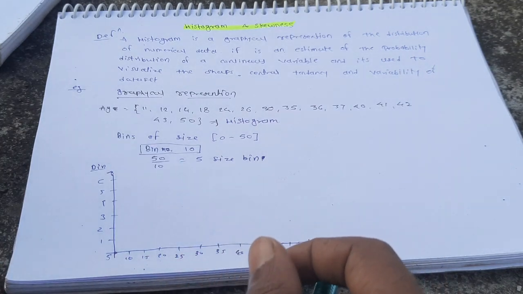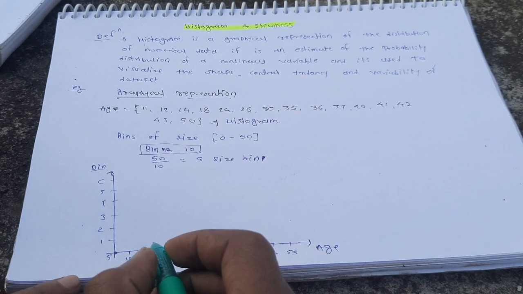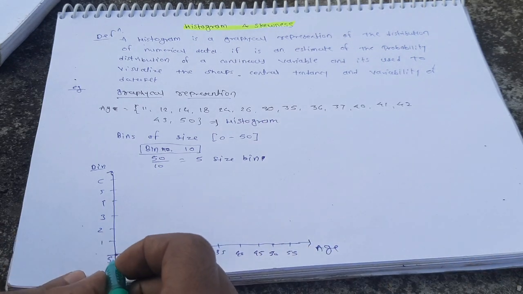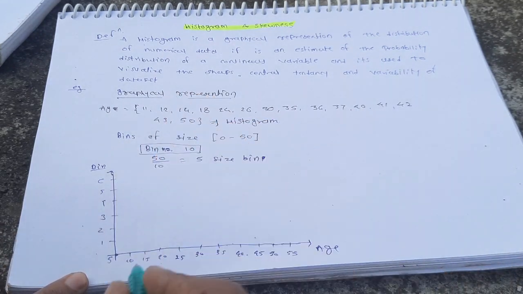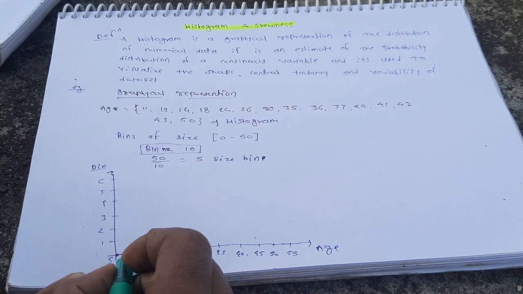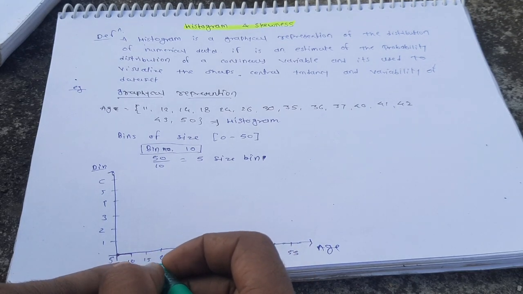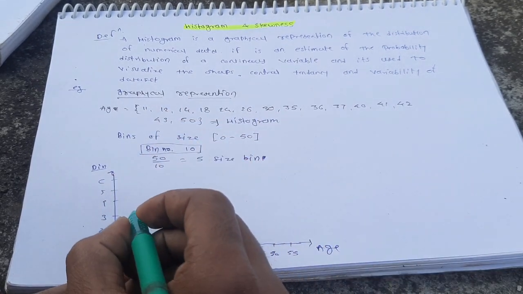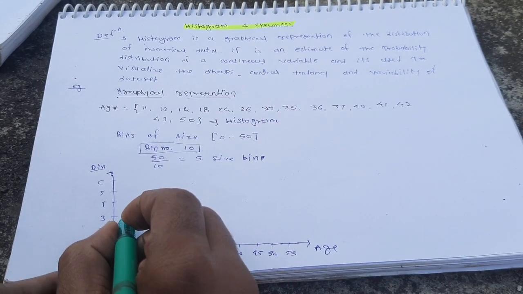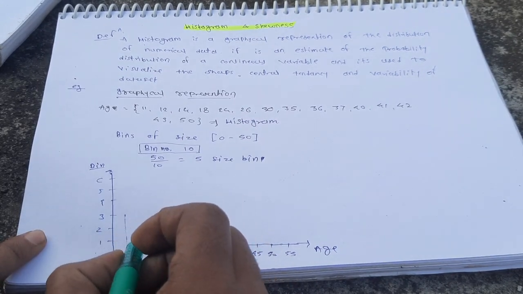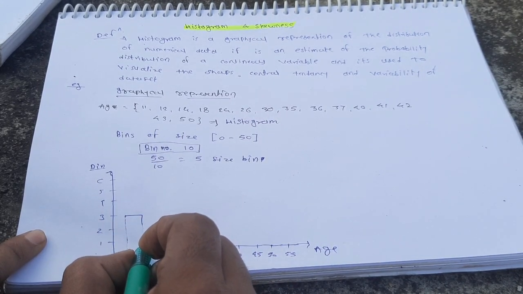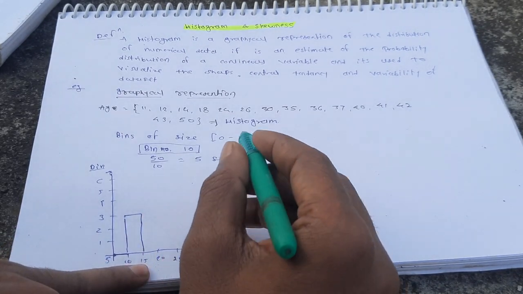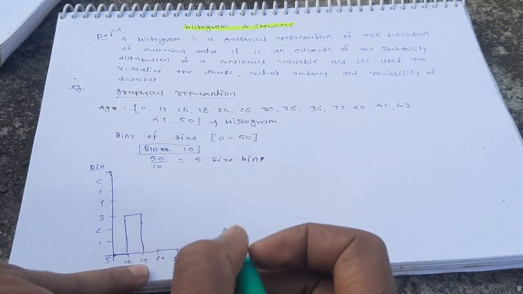So we are plotting the graph. Between 5 to 10, how many values are there? Zero. Then 10 to 15 has 1, 2, and 3 values, so the plot looks like that. Then 15 to 20 has just one value.